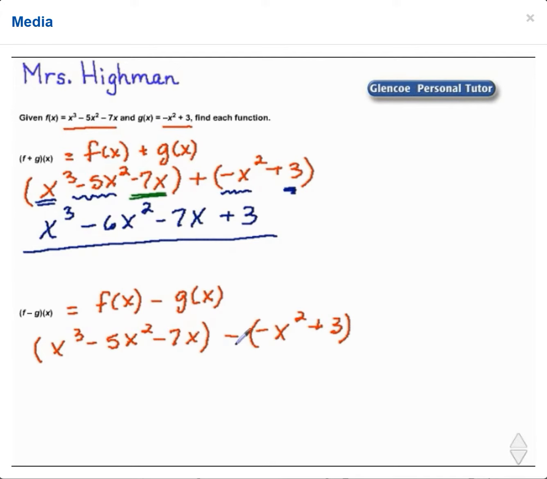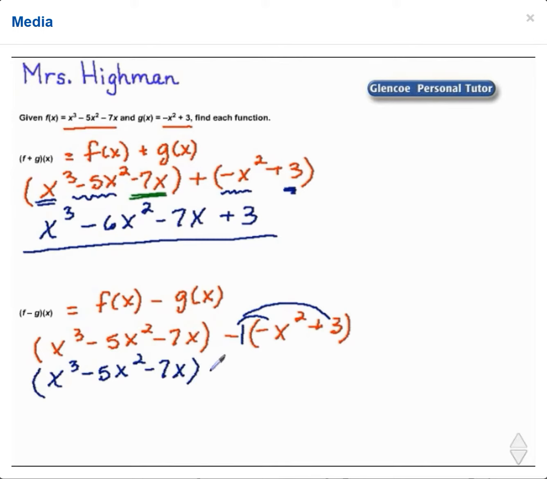Now we have to be careful because the subtraction followed by our function means that we need to subtract each of these values. And another way to think about that is distributing this negative 1 here to both terms. So let's rewrite that. x cubed minus 5x squared minus 7x.